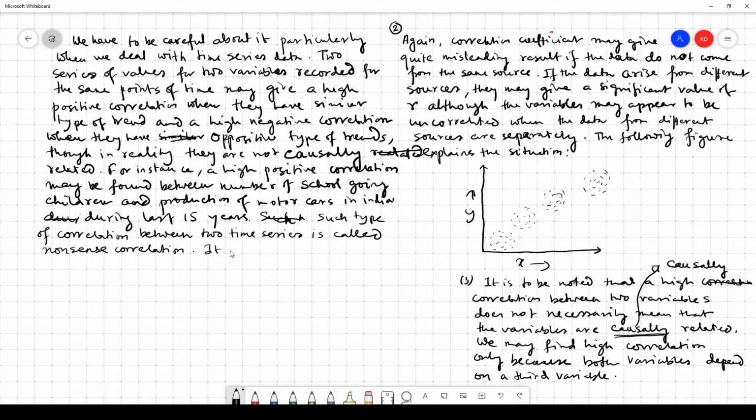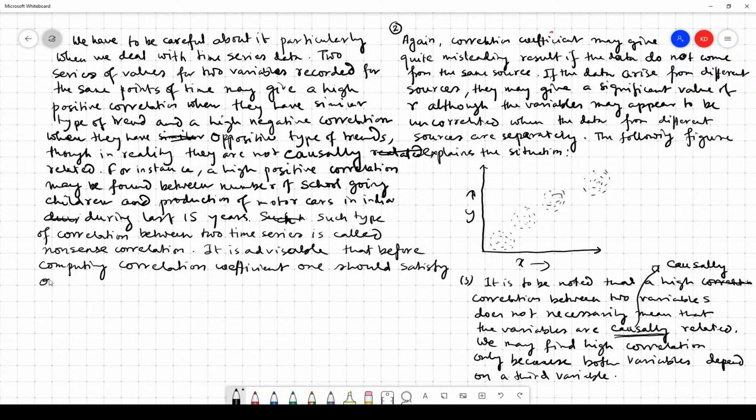It is advisable that before computing the correlation coefficient, one should satisfy oneself that one variable is the cause of the other.